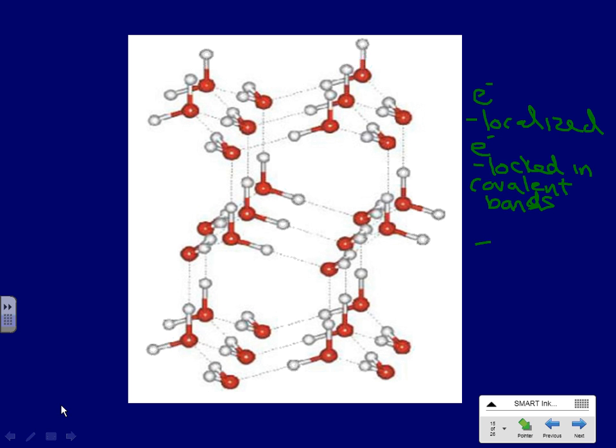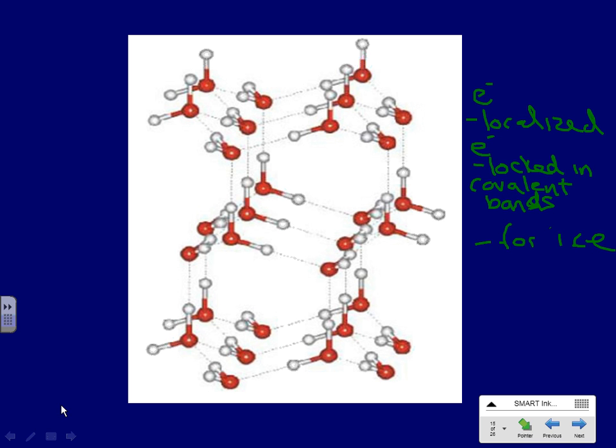Now, this particular example, I'm going to put here for ice. How would you describe the bonds between adjacent water molecules in this crystal representation of ice? Would you describe them as being directional or non-directional? Yeah, these are very directional bonds.